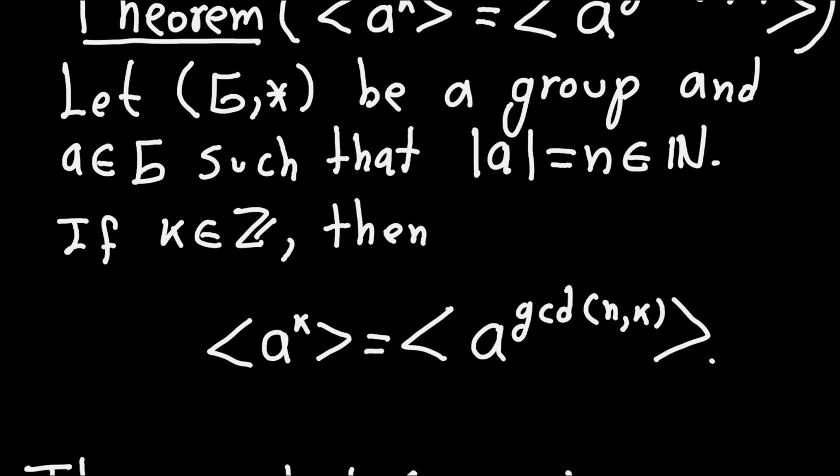Now, this subgroup is exactly the same as this one when we take as exponent the GCD between n and k. One of the advantages of having this description over this one is that usually this exponent is going to be less than k.